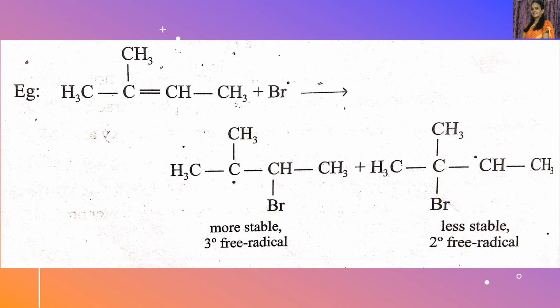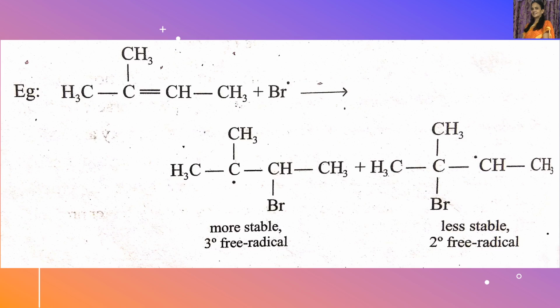So here this is the tertiary carbon and this is the secondary carbon. So in between secondary and tertiary carbons, a double bond is present. Then this Br dot goes and attacks either this carbon or this carbon. Then a bond is formed. In the first example, let us consider the bond formed between the secondary carbon and bromine. We will get this free radical.